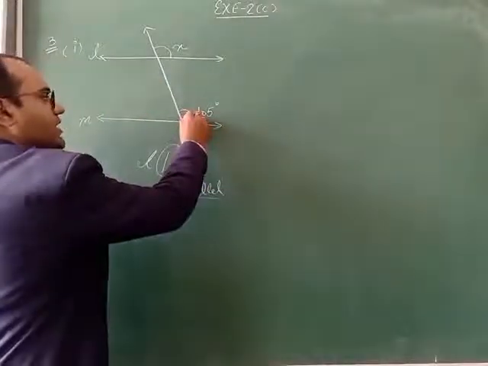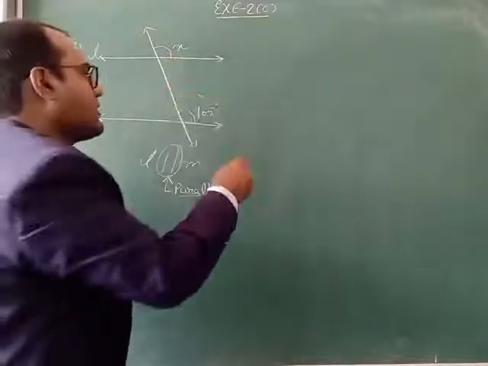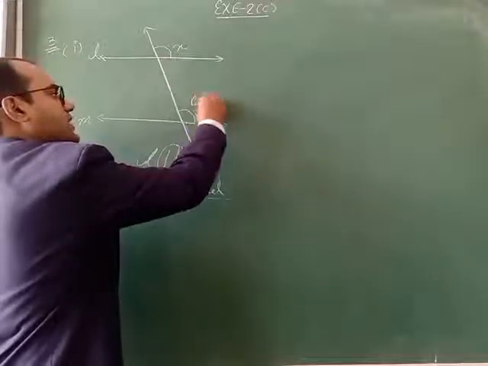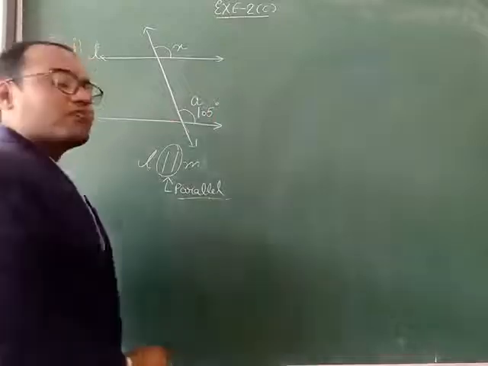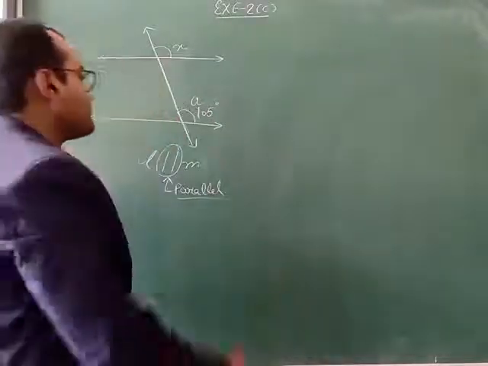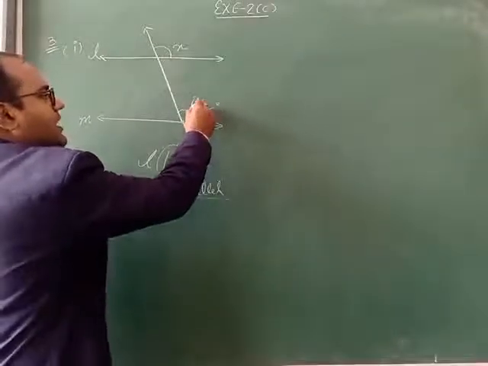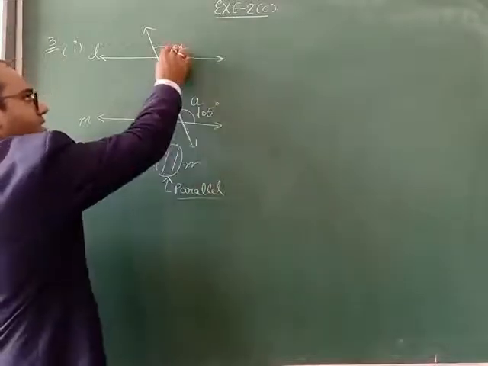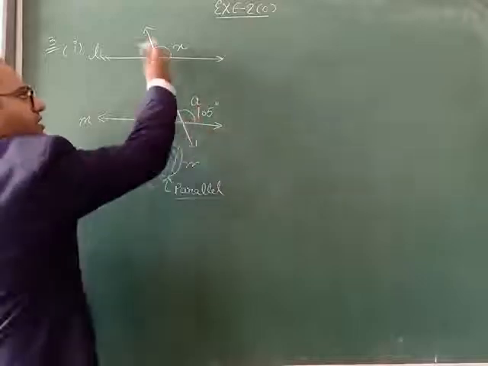Here it is given 105 and here it is X, small alphabet X. Here what we have to do? Here also we will put one small alphabet. Let's say this 105 degree is A. Now here we have to use the properties of parallel lines. A and X both are on the same side of the transversal.